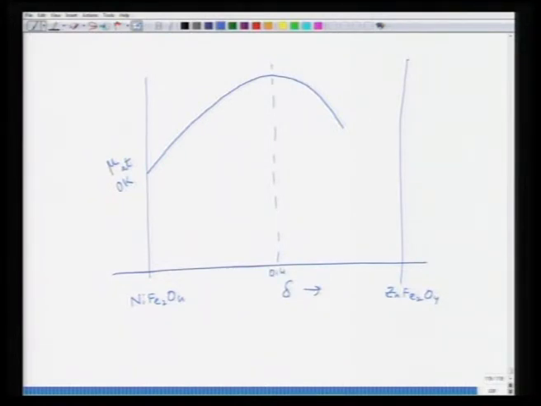So around 0.4 you get a maxima in the magnetization, and after that it decreases again, and then of course you go to ZnFe2O4, where zinc has zero magnetization. All the magnetization comes because of Fe atoms. So this is how it looks, and it becomes 0 for ZnFe2O4.